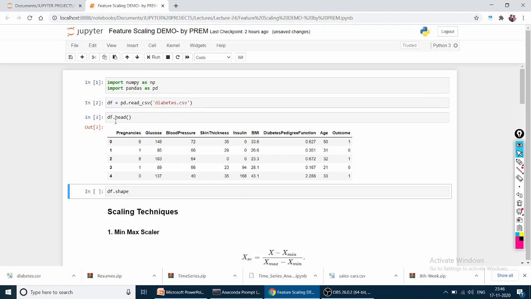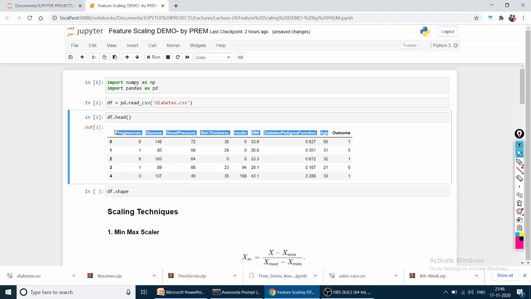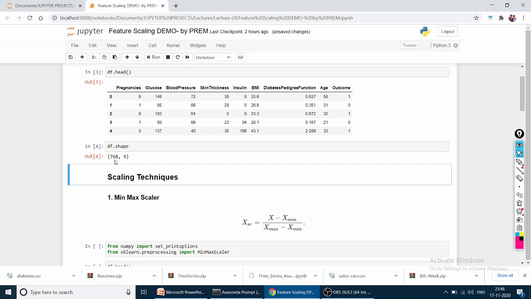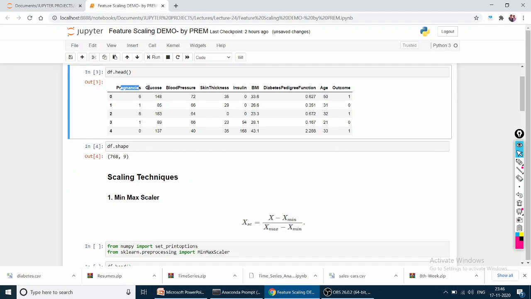If you take the head part, these are the features: pregnancies, glucose, blood pressure, skin thickness, insulin, BMI, and so on. These are input features, and the last one is the output feature, the target feature. This dataset shape is 768 rows and 9 columns.